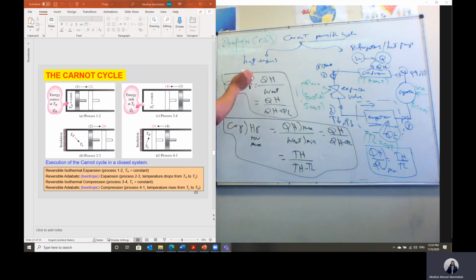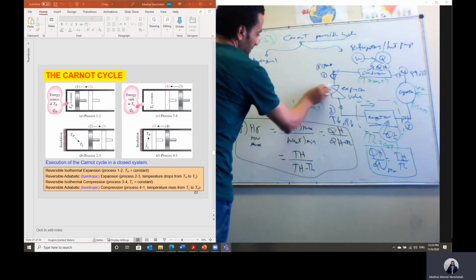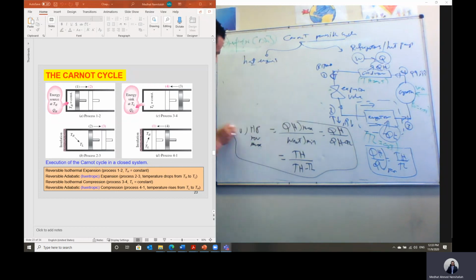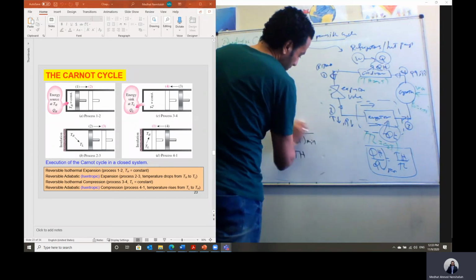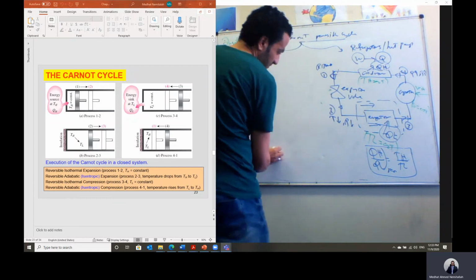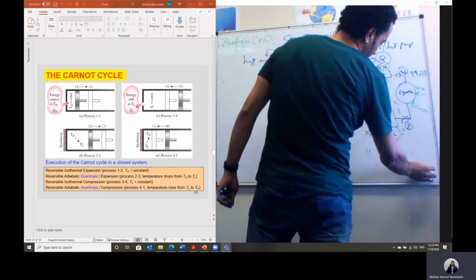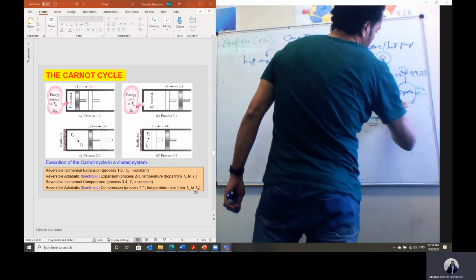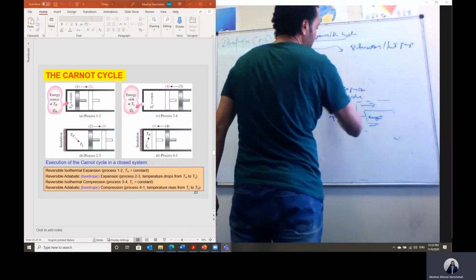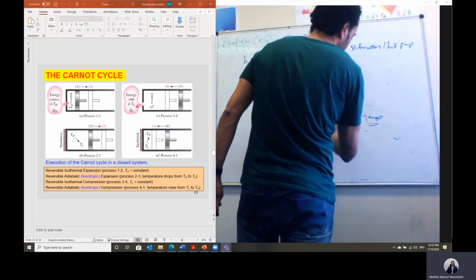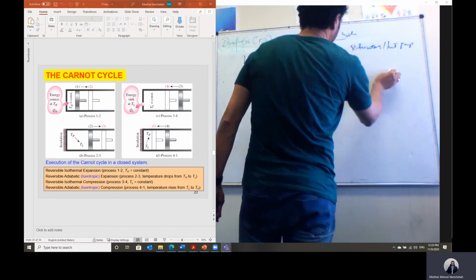Okay, let's represent this cycle on the TS and also on the PV diagram for the heat pump and also for the refrigeration cycle. It is the same, but we just reverse the direction of the cycle.